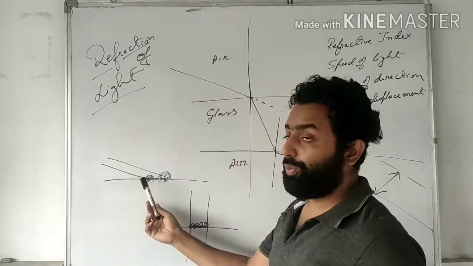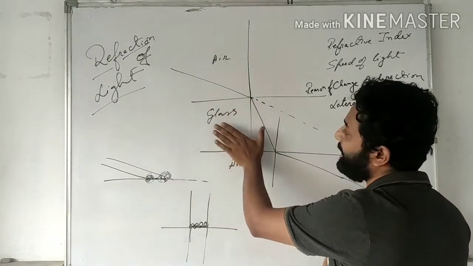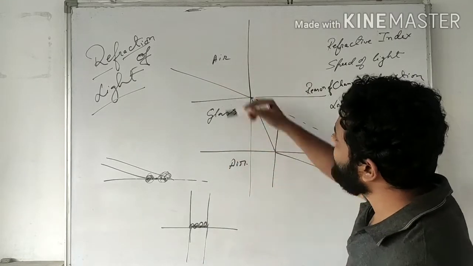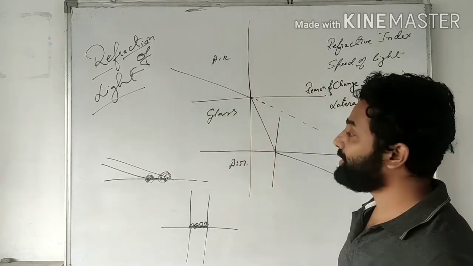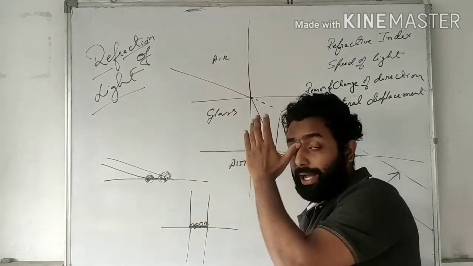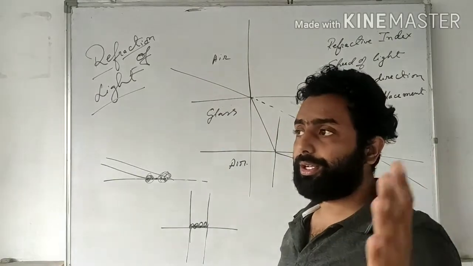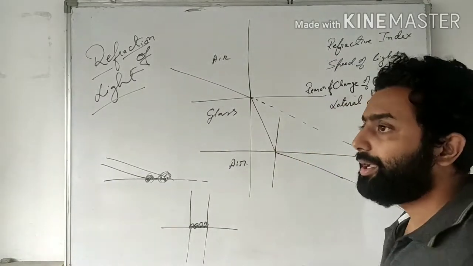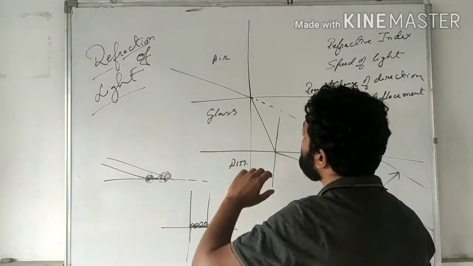Let us consider this figure. Here, a ray of light is traveling from a rarer medium to a denser medium. I have already explained the definition of optically rarer and optically denser in our previous class.